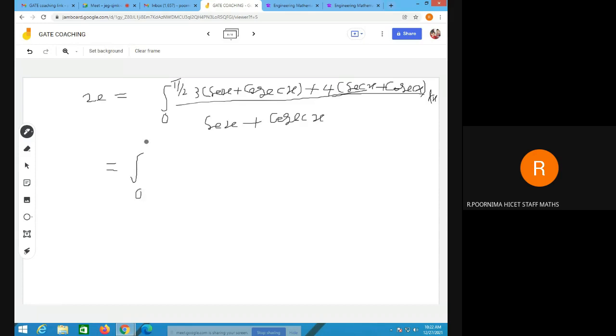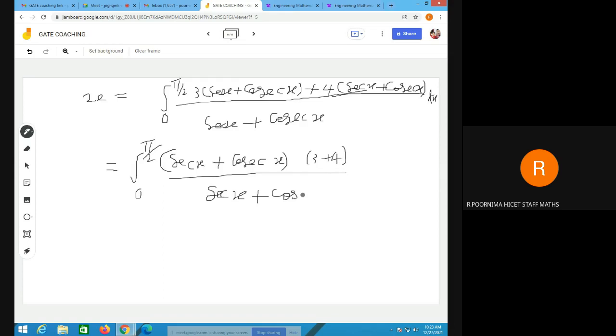Integral 0 to pi by 2 of secant x plus cosecant x times 3 plus 4, whole divided by the denominator secant x plus cosecant x, into dx.